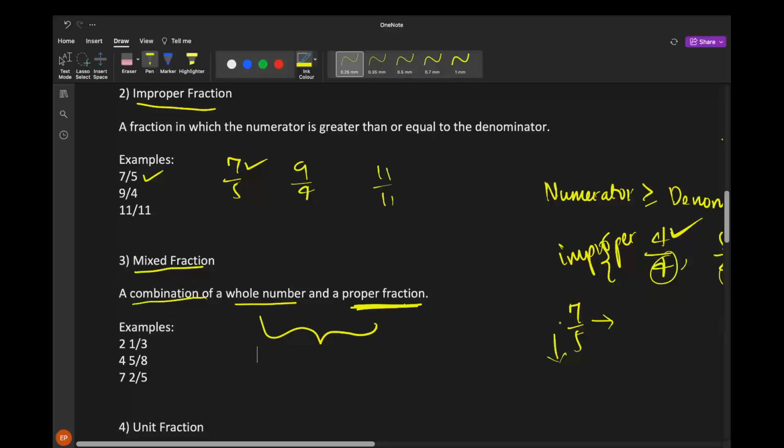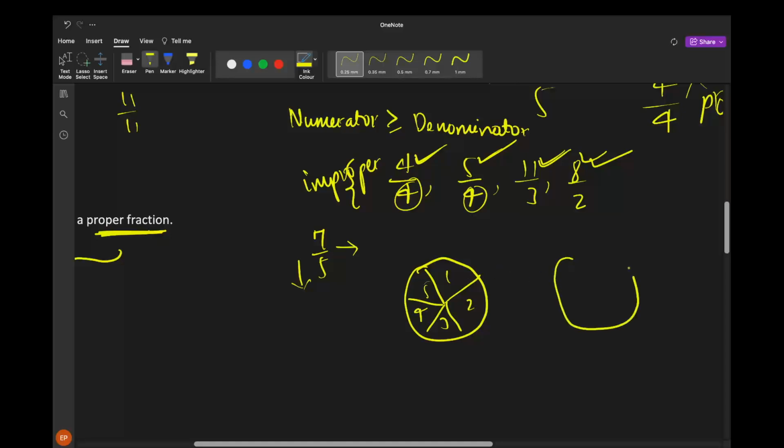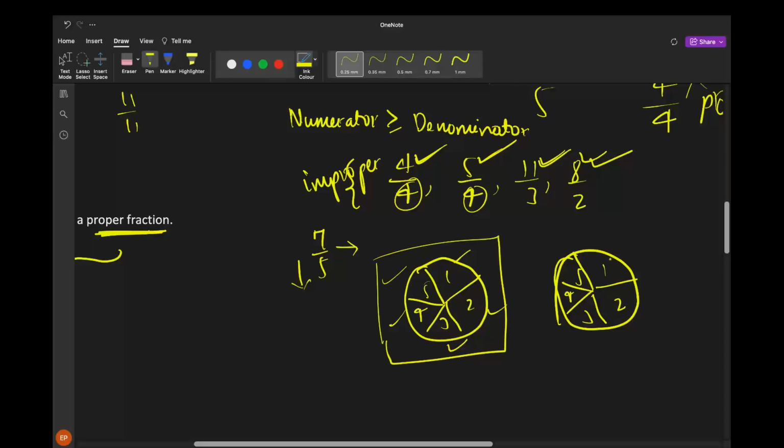7 by 5 means there is a pizza, and we divided it into 5 equal parts. 1, 2, 3, 4, 5. Suppose I have another pizza of the same size, and I divide this also into 5 equal parts. 1, 2, 3, 4, 5. 7 by 5 means I am taking 7 parts. 1, 2, 3, 4, 5 is one complete pizza, then 6, 7.